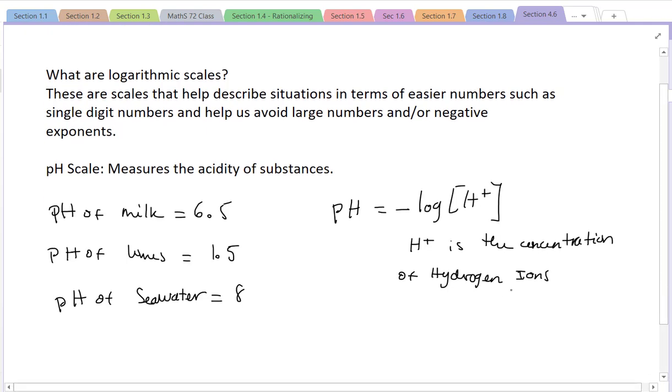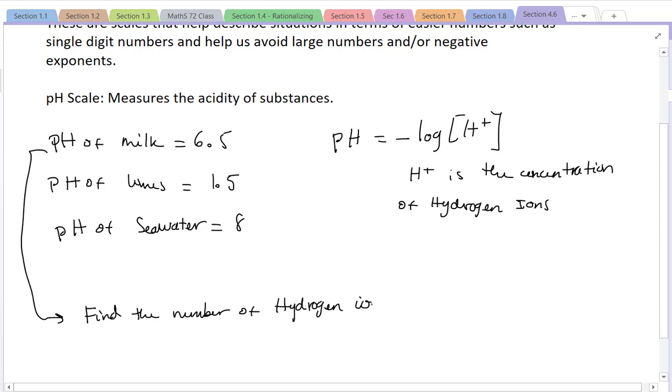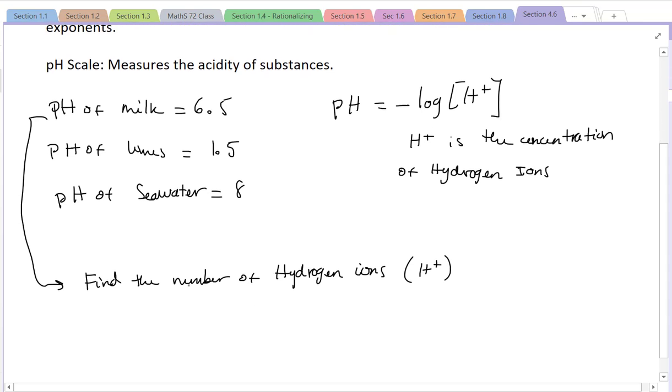So for example, if I wanted to know the number of hydrogen ions in milk, let's take milk as our example. So find the number of hydrogen ions. This is the H plus. Because the pH is 6.5, we're going to use pH equals negative log of the number of hydrogen ions.